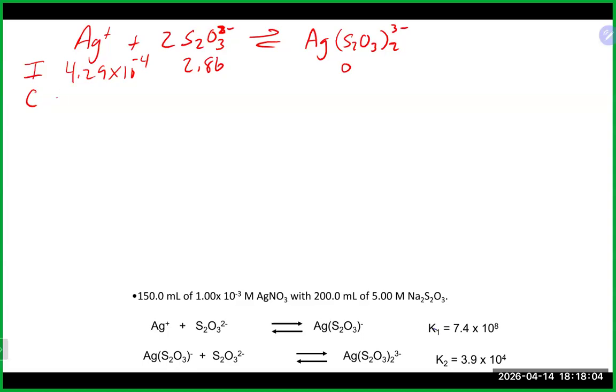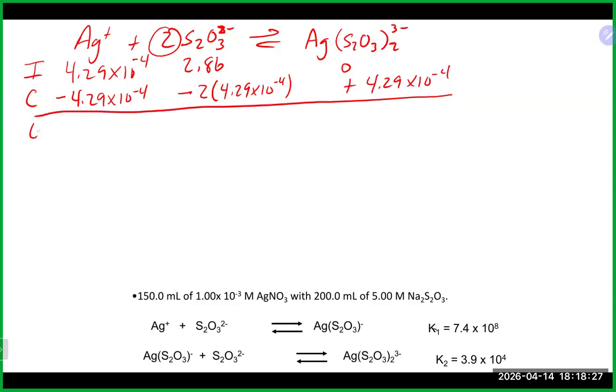So the change for silver is minus 4.29 times 10 to the minus 4, and remember, we still need to take the coefficient into account, so the ligand is minus 2x, 2 times 4.29 times 10 to the minus 4, and plus 4.29 times 10 to the minus 4 for the complex.